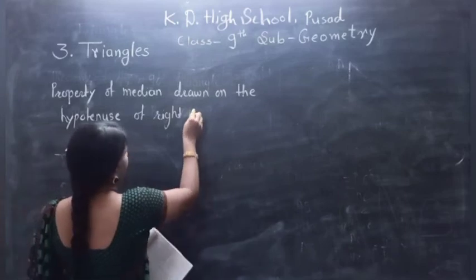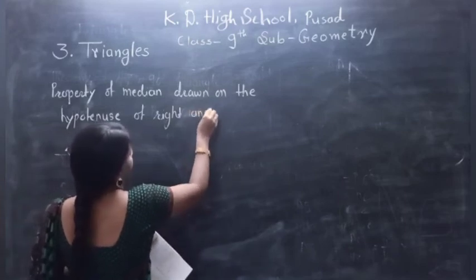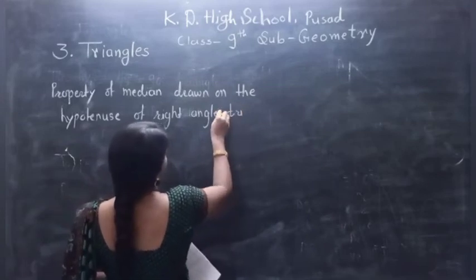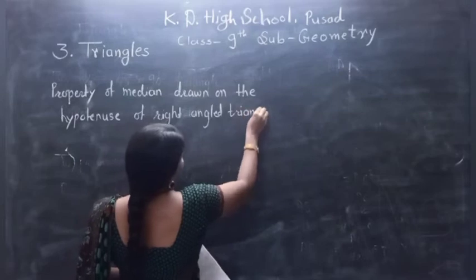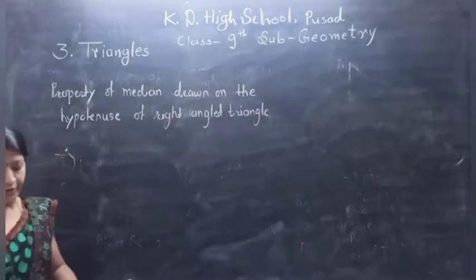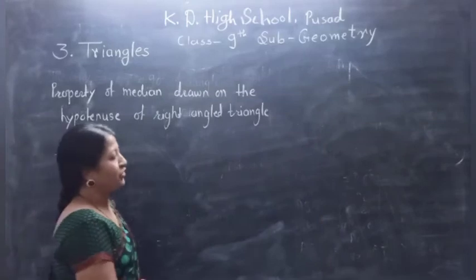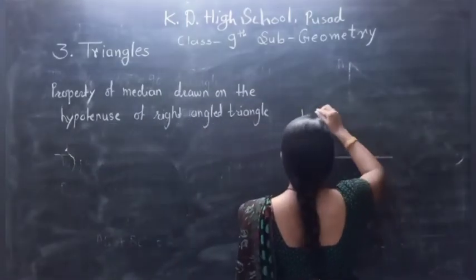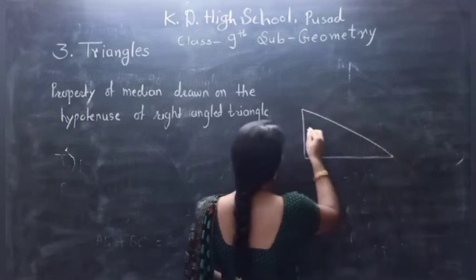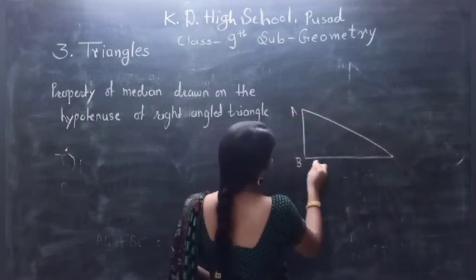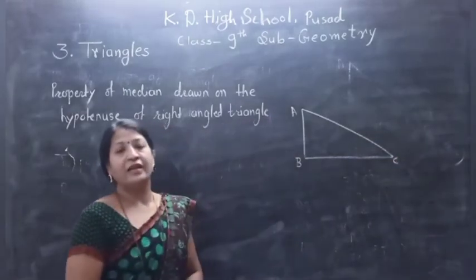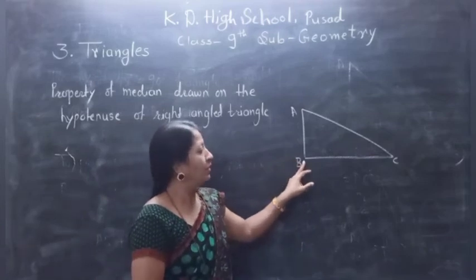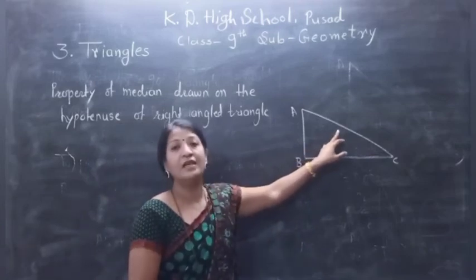First of all, what should we call a median? This is our right angle triangle ABC. Median is the segment joining the vertex to the midpoint of its opposite side.